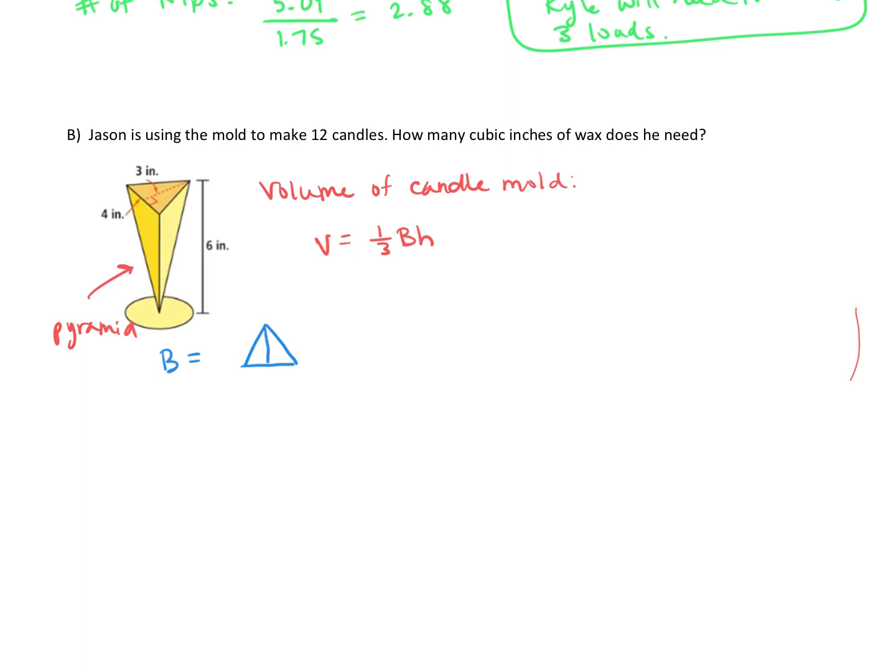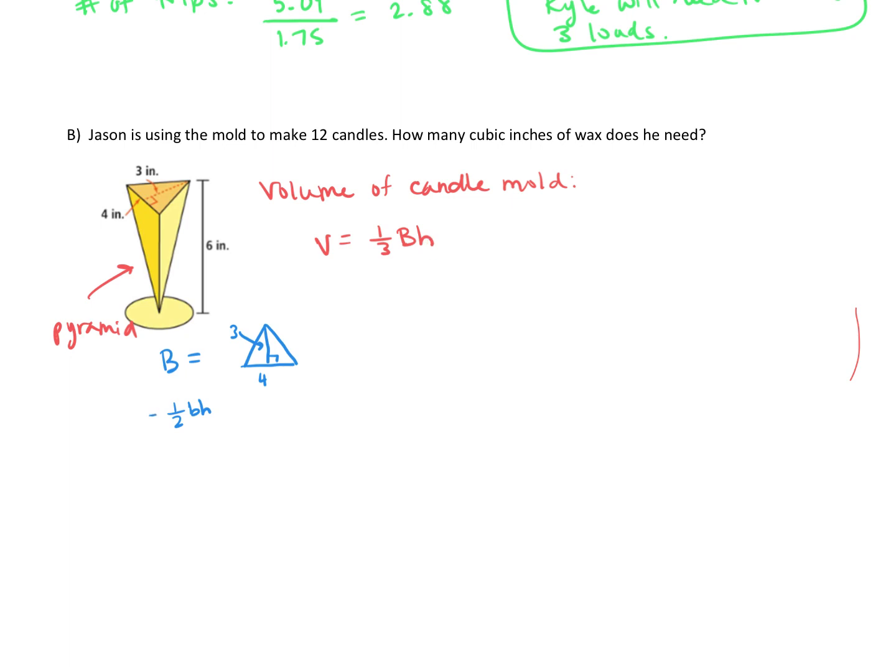This is 4, and they told us that this is 3 right there. The area of a triangle is 1/2 base times height. So it's a lowercase b, not a capital B. This height is the height of the triangle, not this height, which is the height of the pyramid. So we just have some things we need to keep straight.